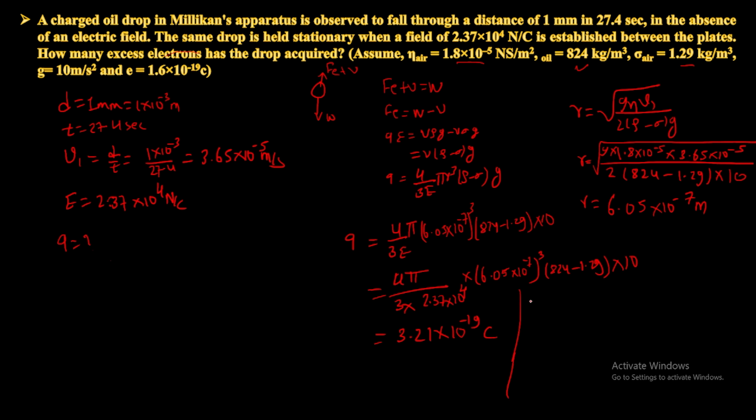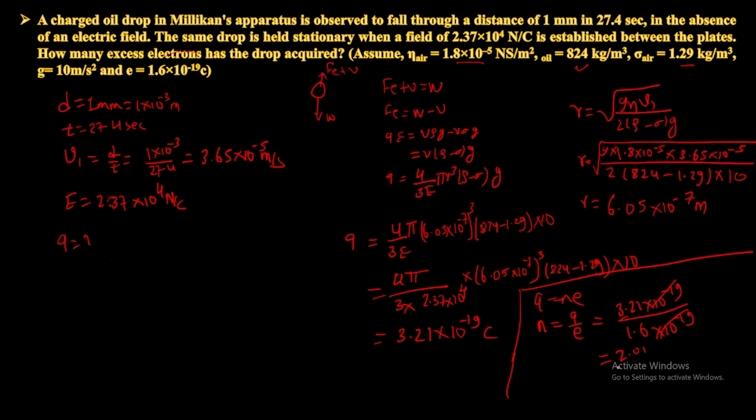So here Q is equal to N e, that means N is equal to Q by e. Q is 3.21 into 10 to the power minus 19 and the charge of the electron is 1.6 into 10 to the power minus 19. We can cancel these two quantities. Now we get 2.01 something.